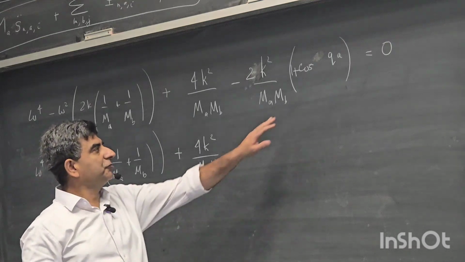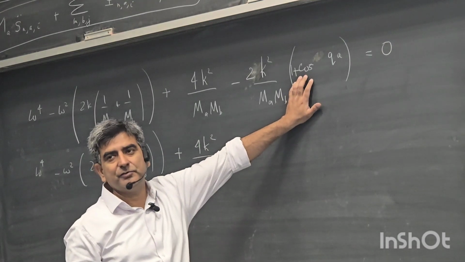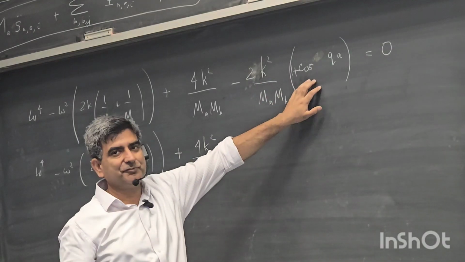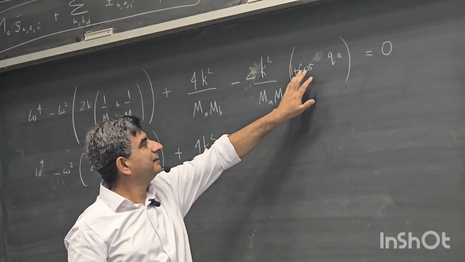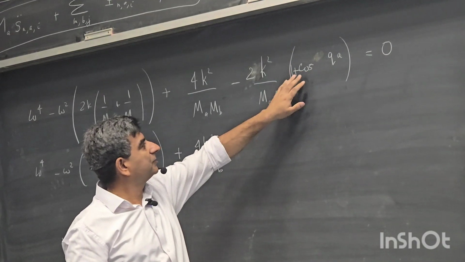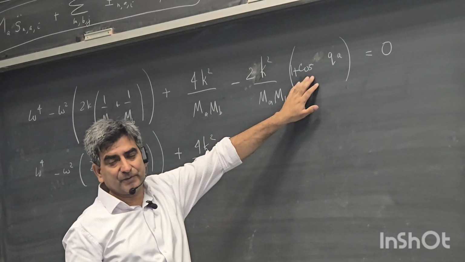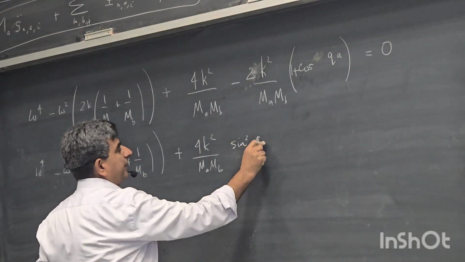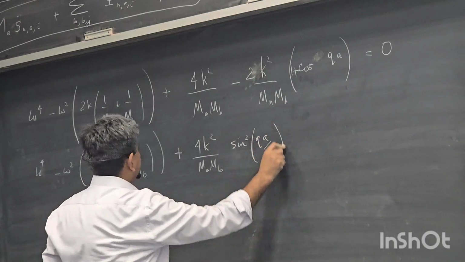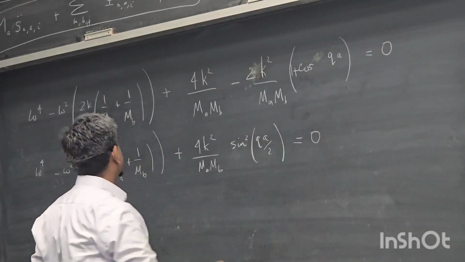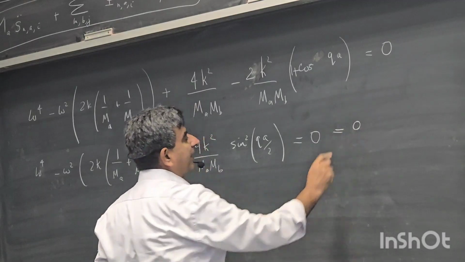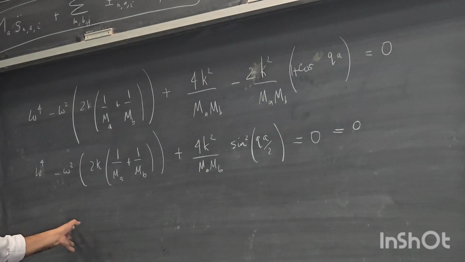This, remember, is 2 cosine square QA over 2. 1 minus cosine square QA becomes sine square QA over 2. So this becomes sine square QA over 2. This equals 0. Now I can find the roots of this. So this is a quadratic equation. I can solve it and find the roots.